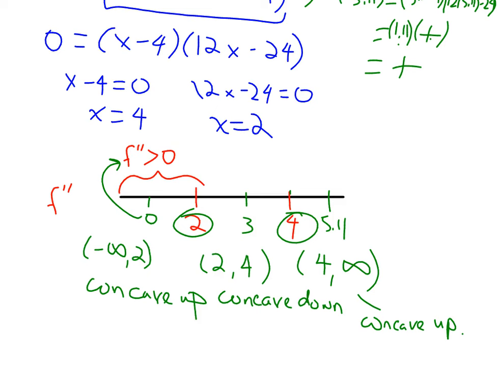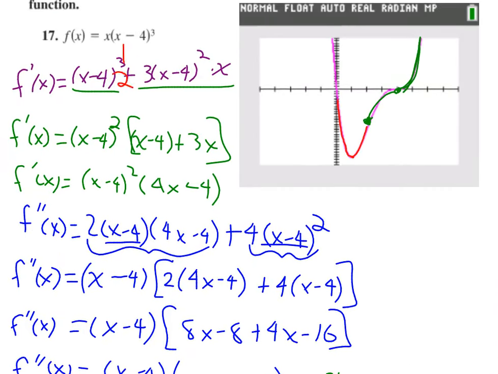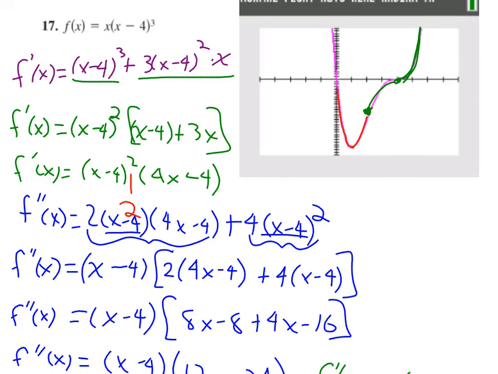Now, to actually find the points of inflection, I've got the x value for my point of inflection. To find a y value for that point, don't I have to plug it all the way back up into the original function?